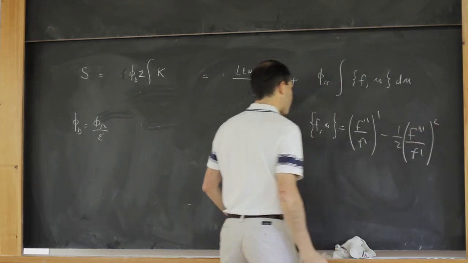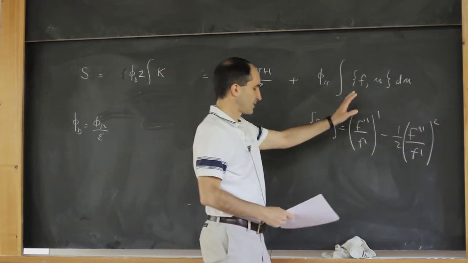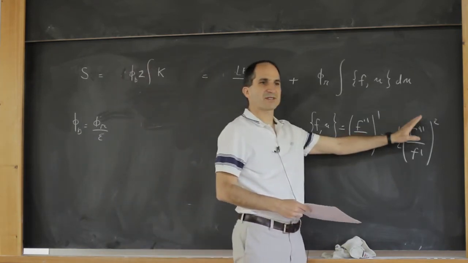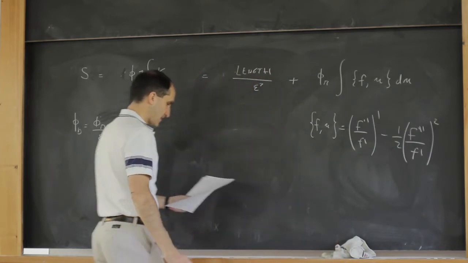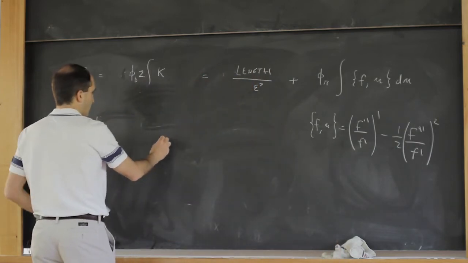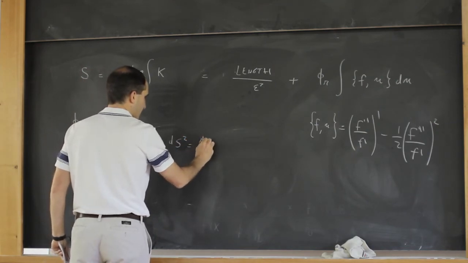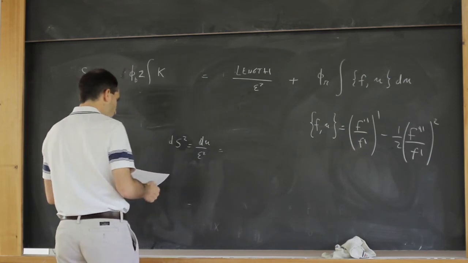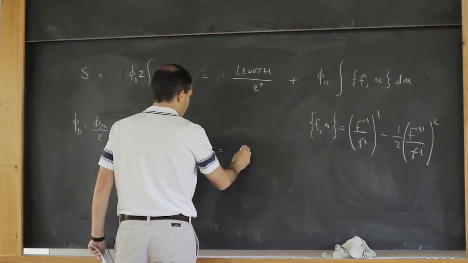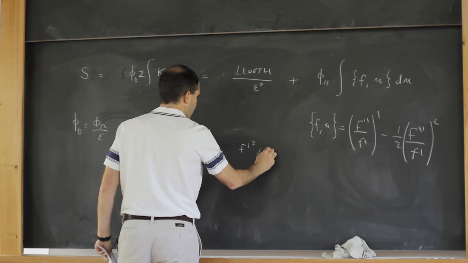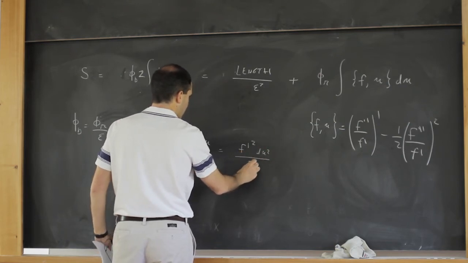Okay. Now I won't derive all the terms, but let me just give an idea for why we get so many primes here. The metric is supposed to be 1 over epsilon squared times du squared, and so when we do a reparametrization, we have something like f prime squared du squared, and then we have some cutoff c here, some surface.